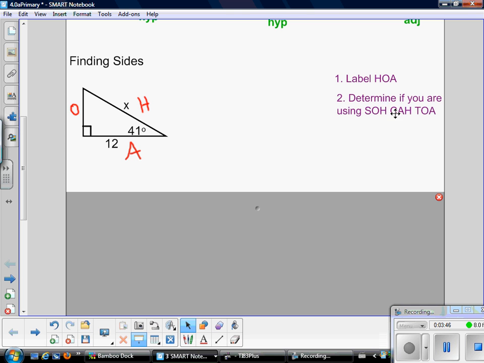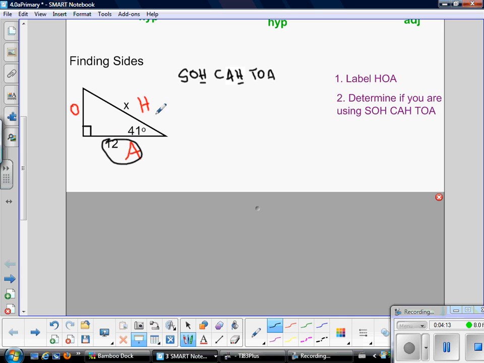Second step, determine if you are using SO, CA, or TOA. Now, some people, if you know they're unsure, one thing that you can do that works really, really well is you can actually literally write SO, CA, TOA, and underline the side that you want to find, which is in this case hypotenuse, and the side that I'm given is the adjacent.